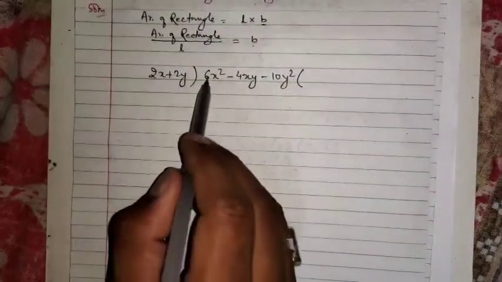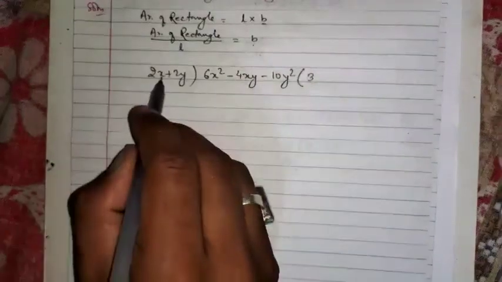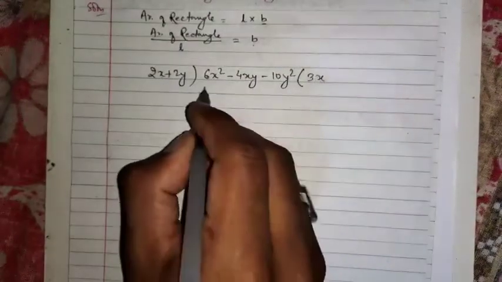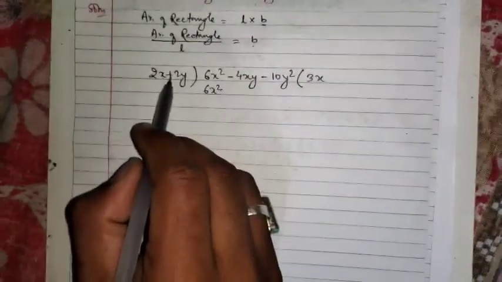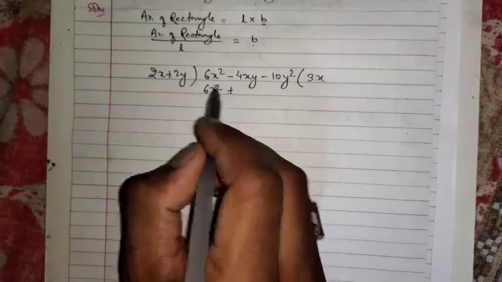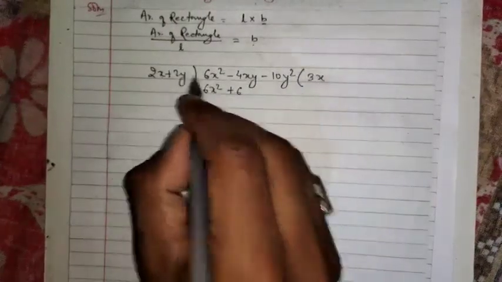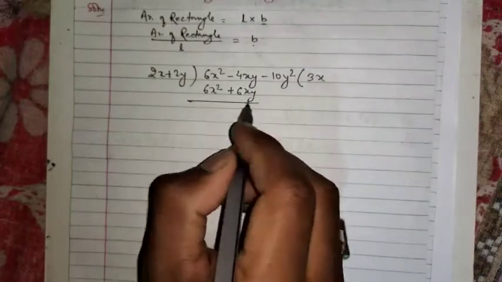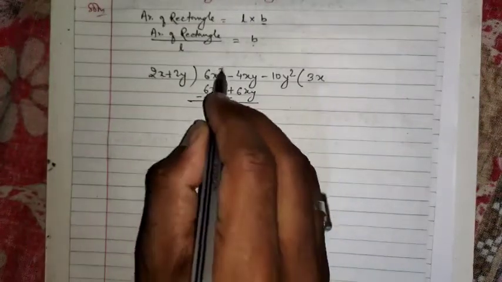Now 2 threes are 6, x into x, it will become 6x square, plus into plus, plus; 2 threes are 6xy. Now we will change the sign. Minus minus, this one is cancelled.